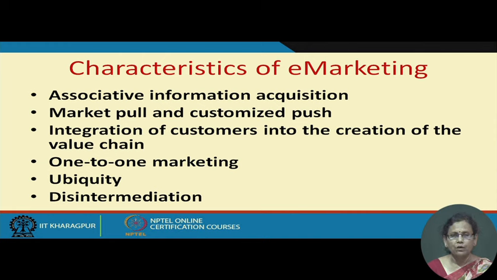Okay. Now, let us try to understand what the characteristics of e-marketing are. First of all, associative information acquisition. So, the internet provides a platform for associative information acquisition. By associative information we mean related information.